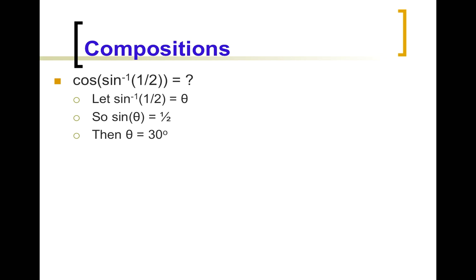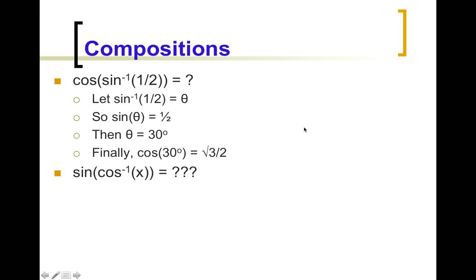Well, we can solve that. That means theta is 30 degrees if we just kept with the degree measure. Which means that the sine inverse of 1/2 is 30, so we can replace that with 30, and that means the cosine of 30 is root 3 over 2. But what if it didn't give you a number?